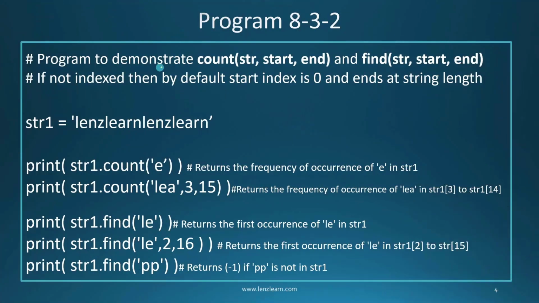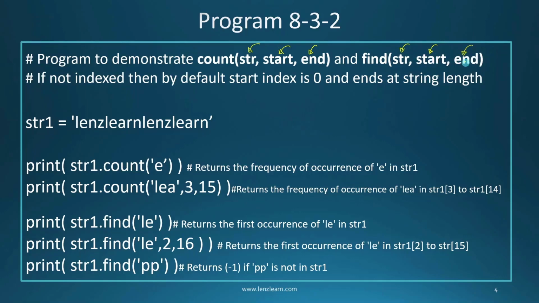Now in this program we are trying to demonstrate two built-in functions called count and find. Count can take three values as input: the string, and the start and end index values. Find can also take an equal number of inputs: a string which it should find, the index at which it should start searching, and the index at which it should end.